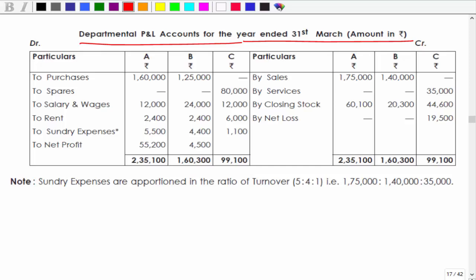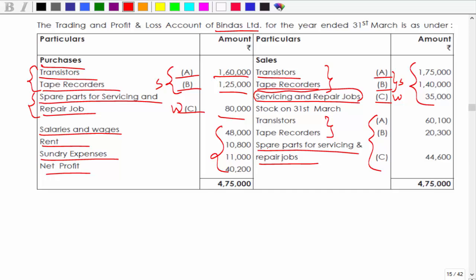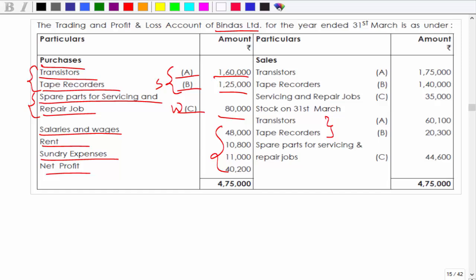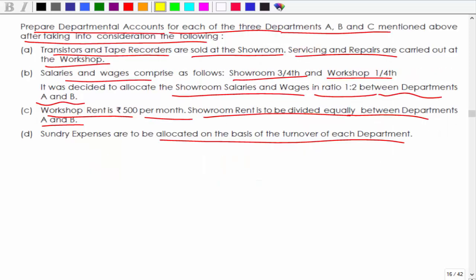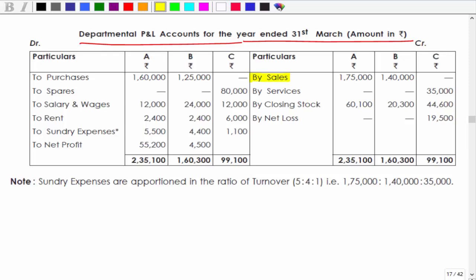Now let's capture the sales department wise. First let's capture what is the sales department wise, and that is going to be simple for us because almost we have the split up. What is the sales as far as department A is concerned? It is 1,75,000. So we'll write by sales for department A, it is 1,75,000.